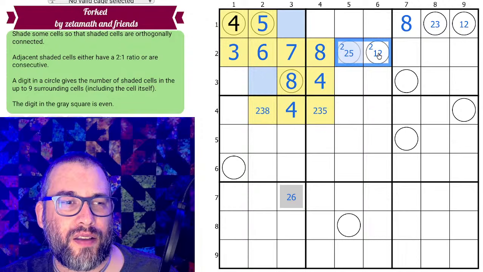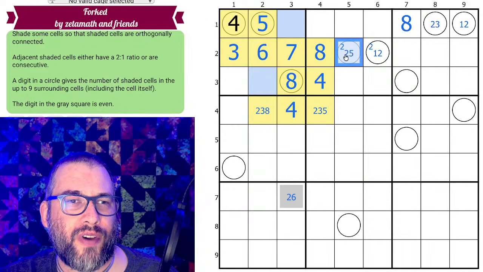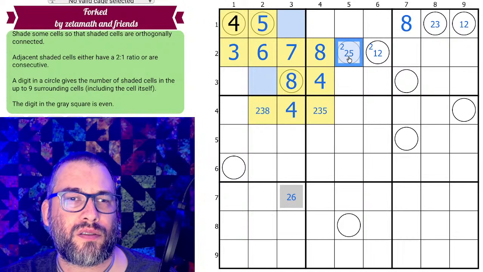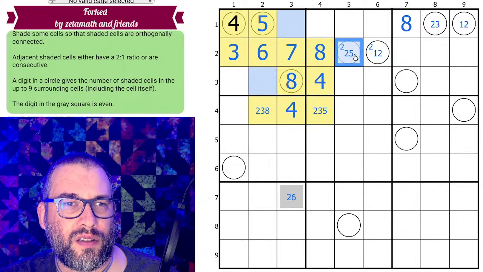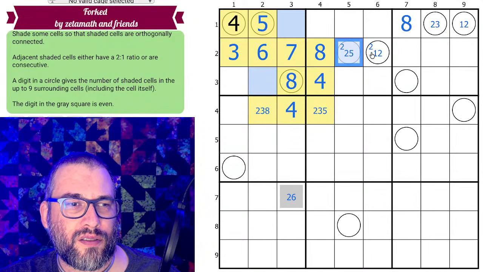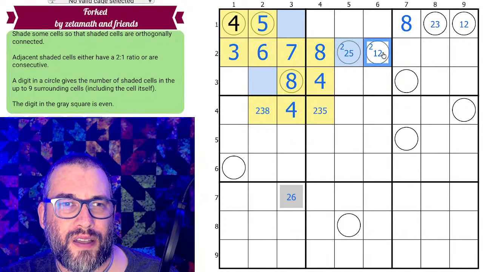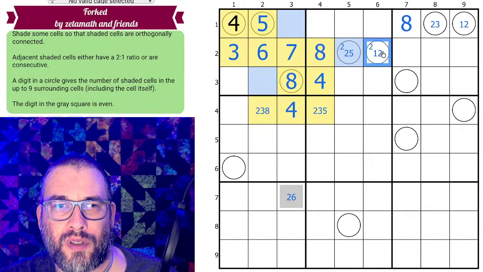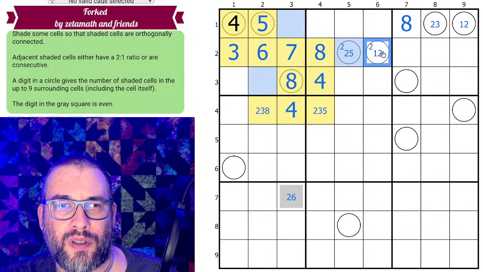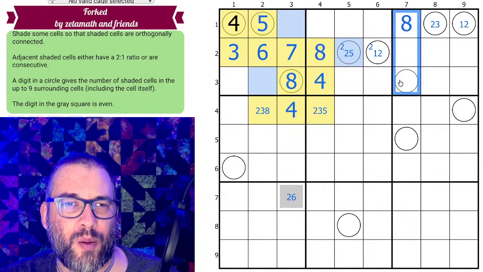Okay. In the 2-5 scenario, yeah, if this is a 5, this is a 2, then the 2 that this sees, none of them can be here.